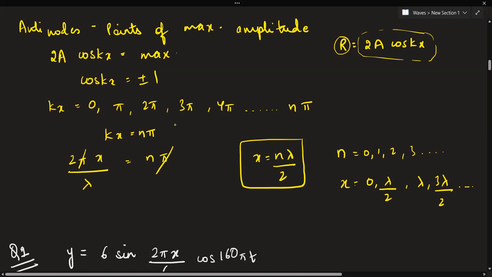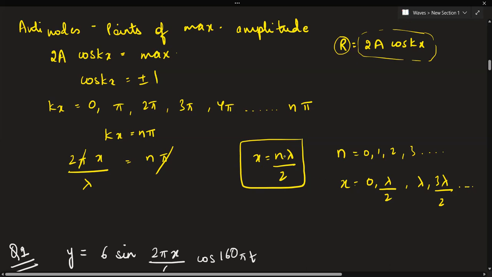This implies that kx comes as an integral multiple of pi, that is 0, pi, 2 pi, 3 pi, 4 pi. And you can even see that adjacent antinodes are separated by lambda by 2. Because if you put n equals to 0, x will be equal to 0.